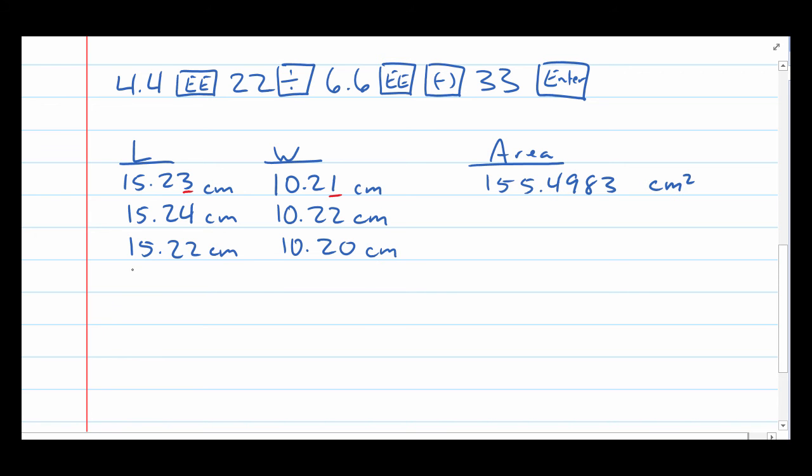And maybe I do it a fourth time and come up with 15.24 centimeters by 10.21 centimeters. So for each one of these now, we're going to go ahead and calculate an area. So I'll take 15.24, multiply by 10.22.